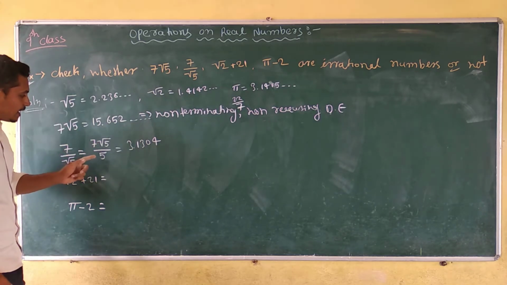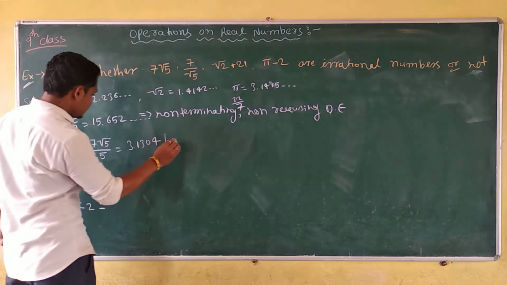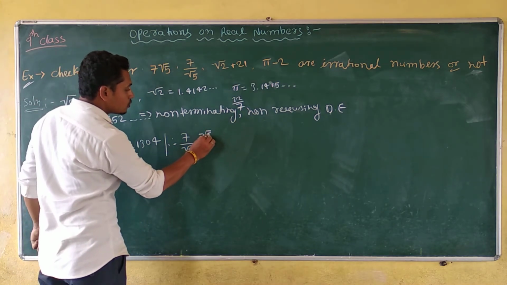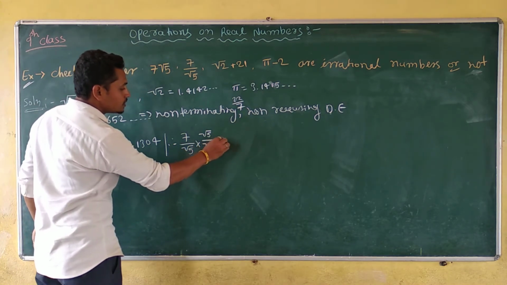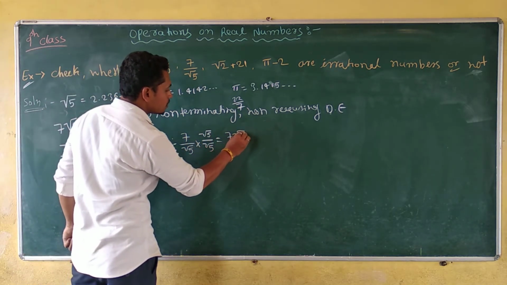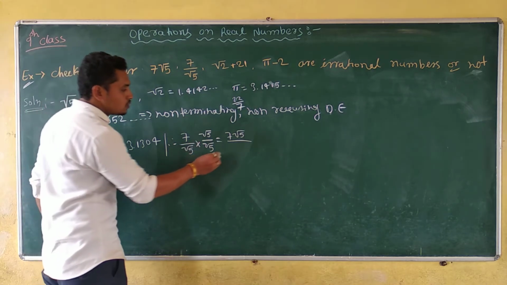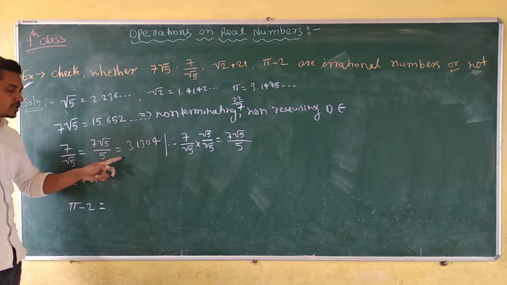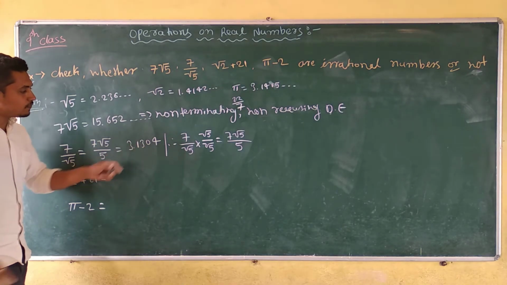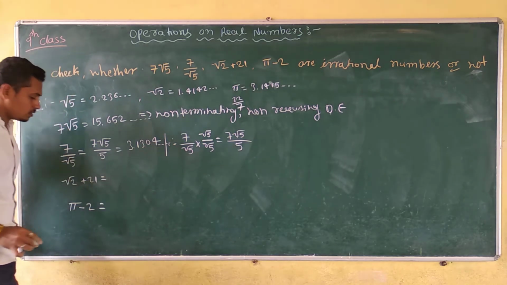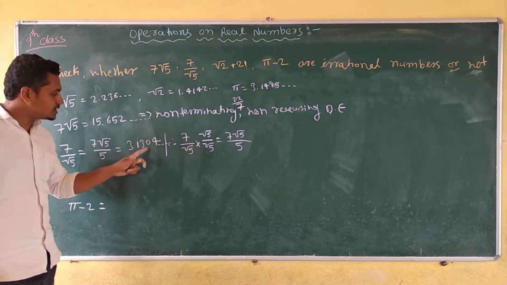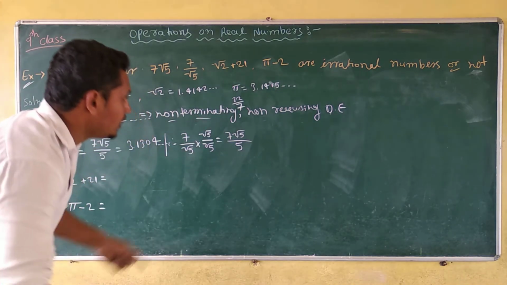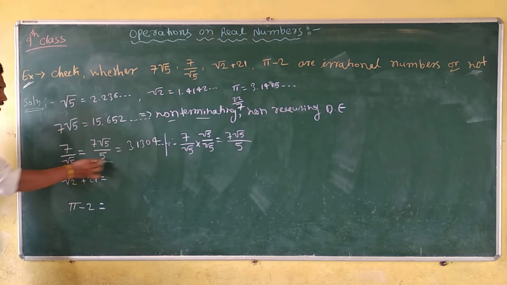How does it come? Multiply by root 5 into root 5, which gives 7 root 5 in the numerator and root 5 into root 5, that is 5, in the denominator. So 7 root 5 divided by 5 gives 3.1304 and so on. It is also non-terminating, non-recurring, so it is also an irrational number.